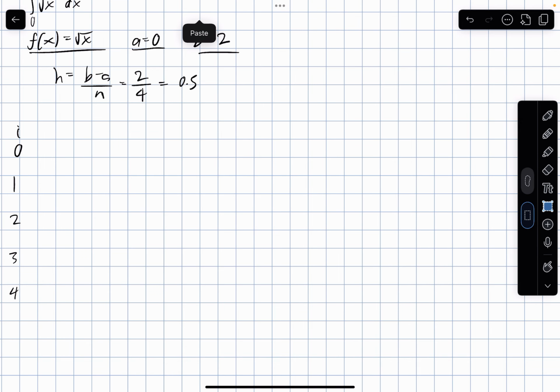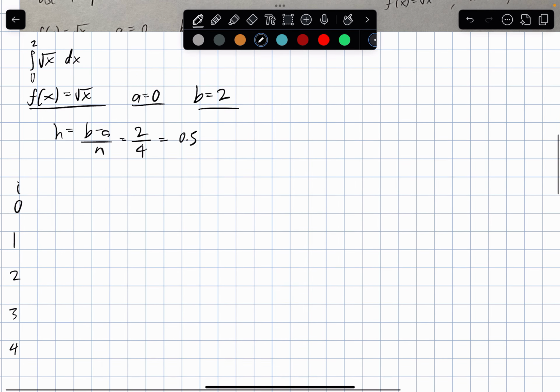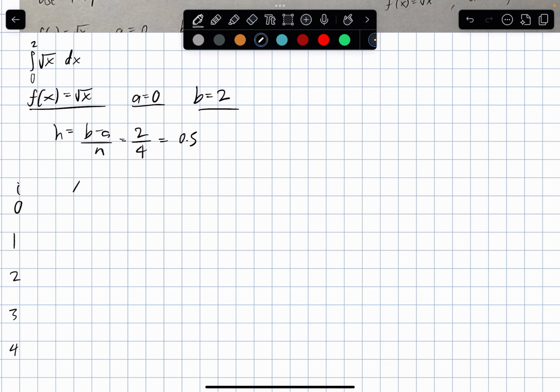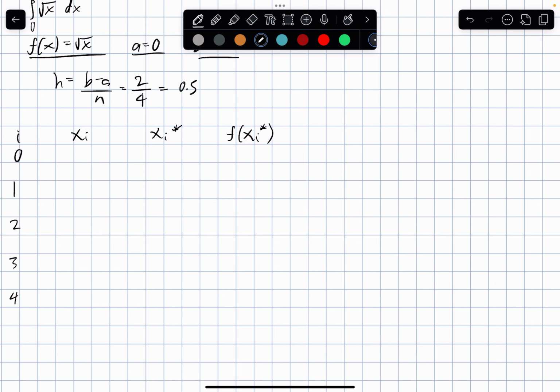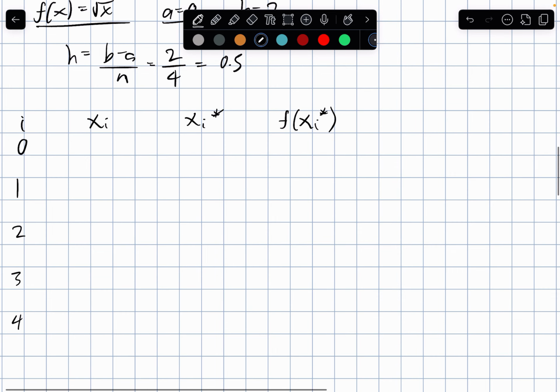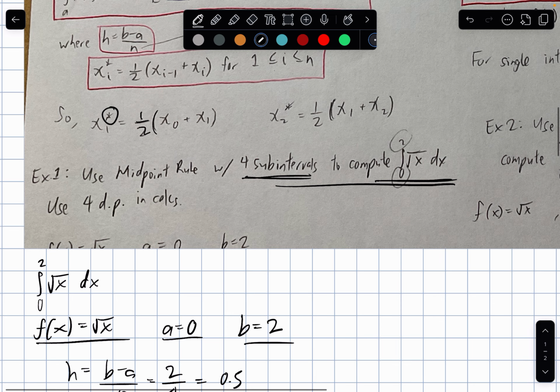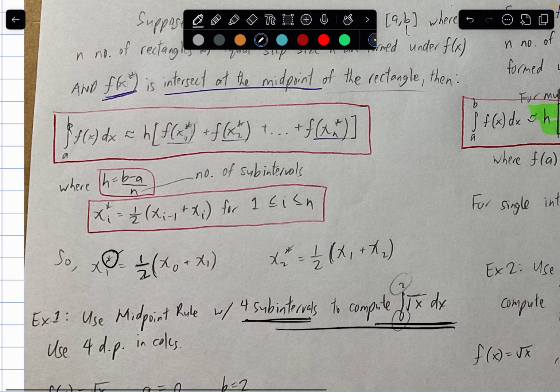After that, we list x sub i, then x sub i asterisk, and f of x sub i asterisk. This is specifically going to be our iterations if we apply the midpoint rule. Again, the asterisk pertains to the midpoint: f of x asterisk is the intersect at the midpoint of the rectangle.